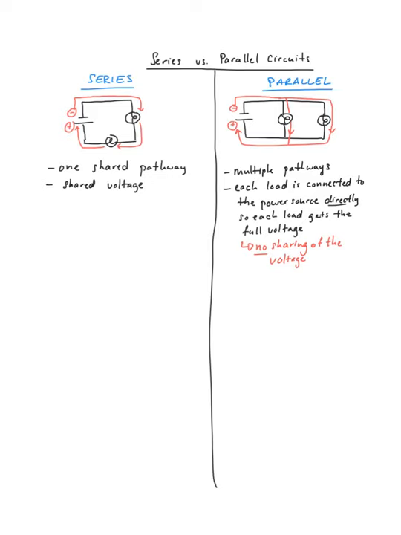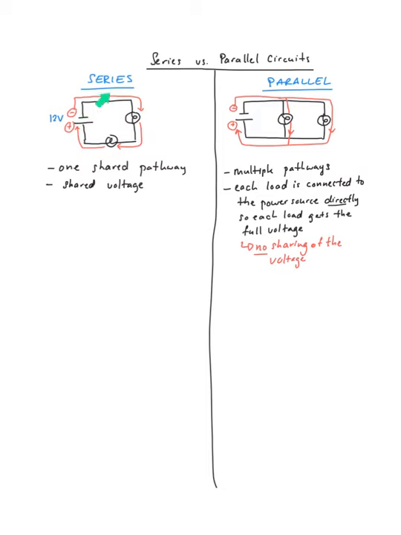So in the series circuit here, let's say I've got a 12-volt battery, and let's say that these lights are exactly the same. This light bulb and this light bulb are going to share that voltage.